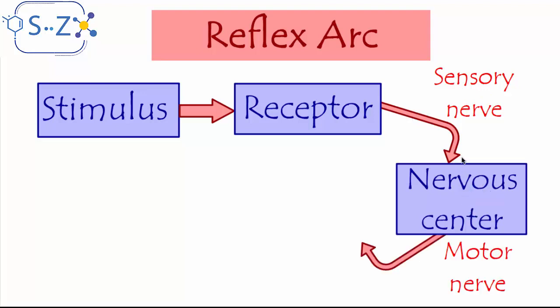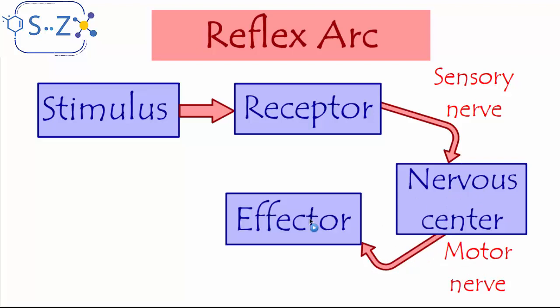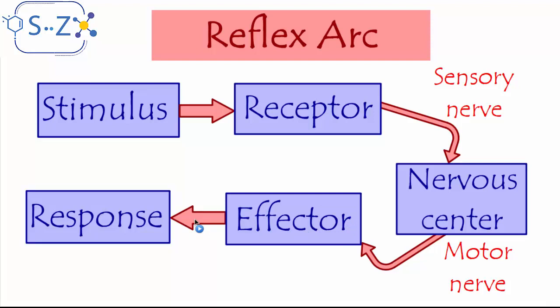Then the nervous center sends a nervous message, an order, through the motor nerve to the effector organ, which as we said is sometimes a muscle or a gland. Then the response or the reaction takes place, which is sometimes contraction of a muscle, moving a hand, moving a leg, maybe running away, maybe secreting a hormone, etc. So these are the elements of a reflex arc.